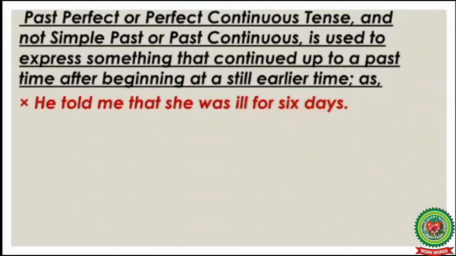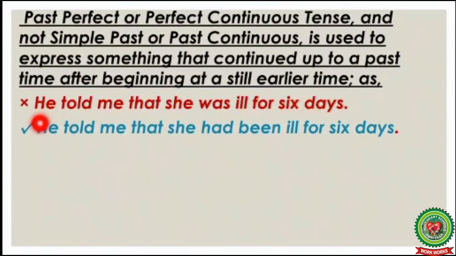This sentence is incorrect. Here, we are talking about an action that started in the past and continued in the past. There, we use past perfect or past perfect continuous tense. So, the correct answer is, he told me that she had been ill for 6 days.